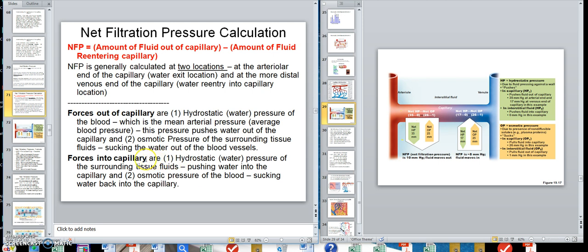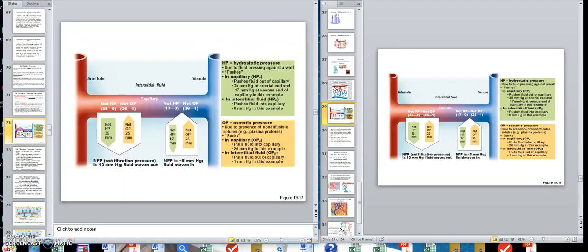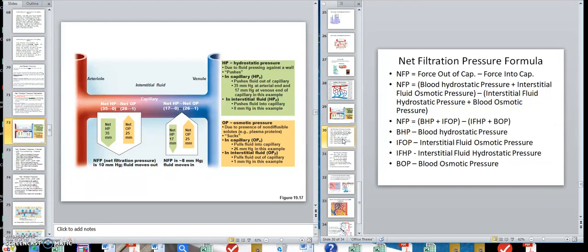The forces into the capillary are the water out here trying to push back in, and the osmotic pressure of the blood, its solution inside here trying to suck water back in. So those are the forces out and the forces in. So now we do the calculation. We want to do a calculation at this end to see what happens, and at that end to see what happens. All right. So here's my calculation.